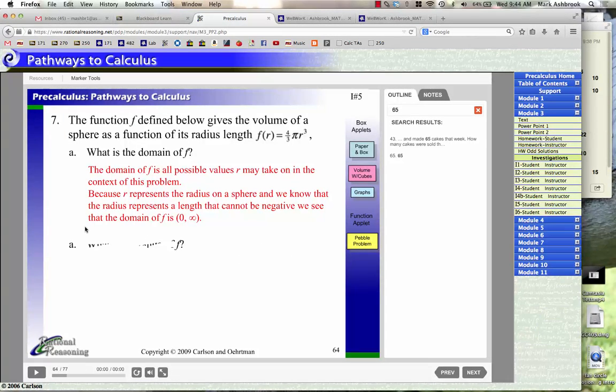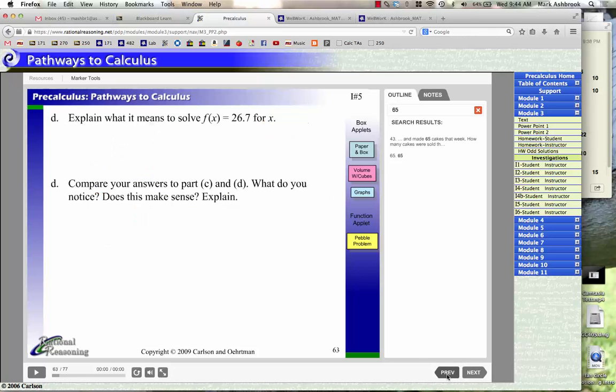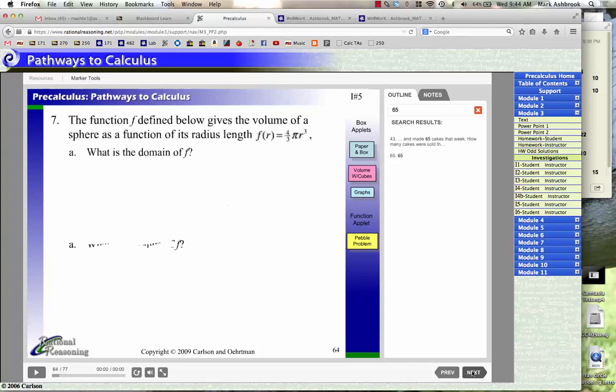So if we had f of x, f of x would be 4/3 pi x cubed, and x is what the input quantity x represents, radius. Output of f would give volume of the sphere.